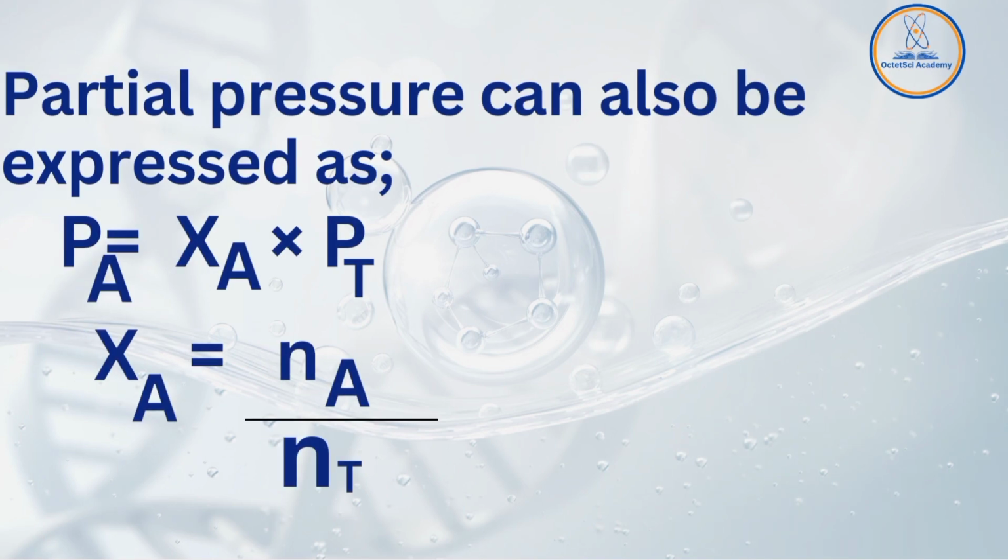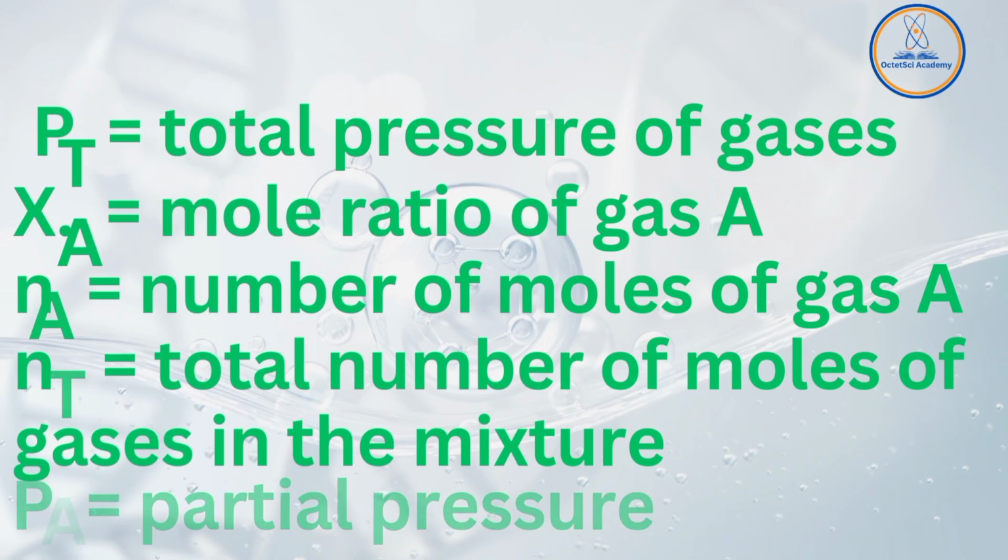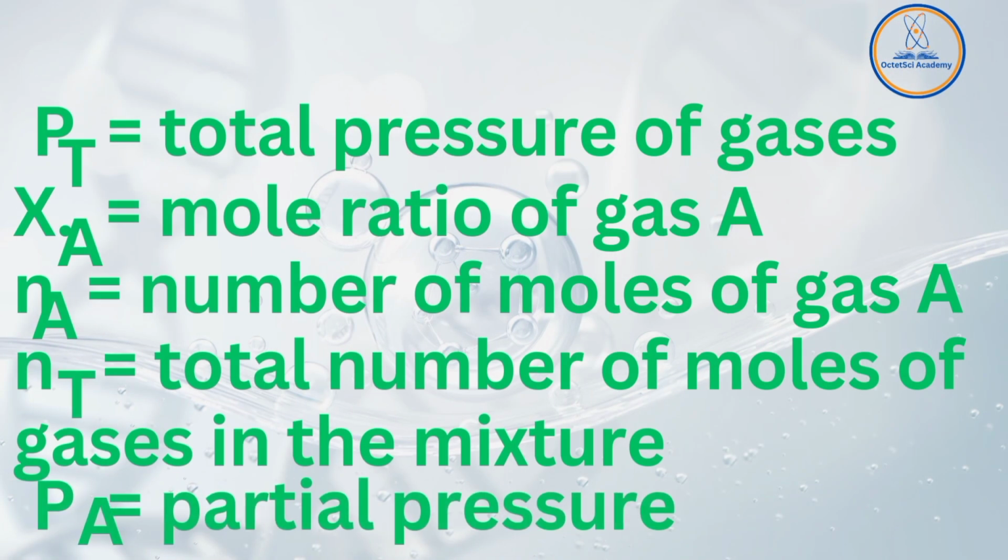Also, partial pressure can be expressed by this. That is PA, the partial pressure of A, is given as XA times PT, where XA is equal to NA over NT. So what does each term mean? PT here means total pressure of gases.